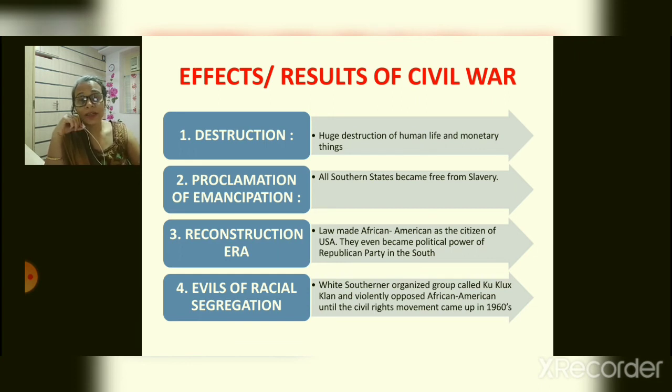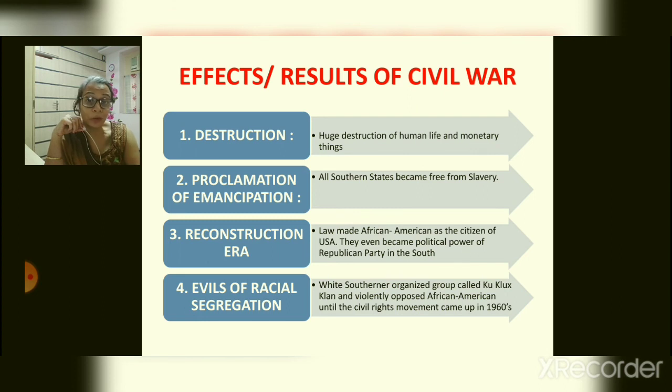But a very bad thing that came up after this war was racial segregation or racial discrimination. Now, the white South Americans always believed in white supremacy. They said that no black can compete with us. Even after the war, they always had that mentality, and that is the reason they even formed a group which was known as the Ku Klux Klan.